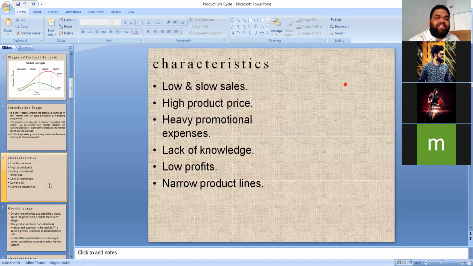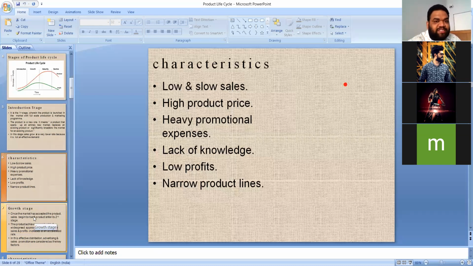And of course, there are low and slow sales. We have low profit. And narrow product line, because we are new to the market, so there are no other products in the product line. So that is what we can say, narrow product line.